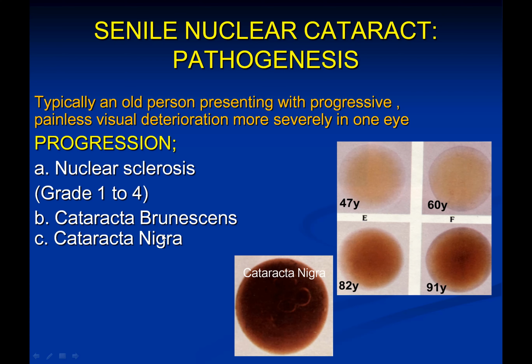These two portions B and C are actually hard, hypermature senile cataract. Grades 1 to 4 were from immature to maturity. Beyond that is hypermature senile cataract, maybe cataracta brunensis or cataracta nigra.